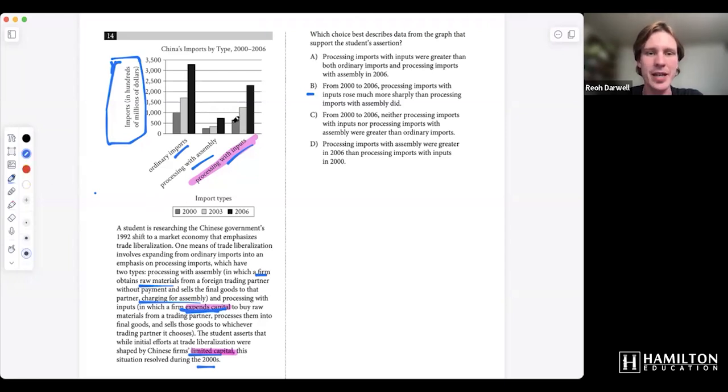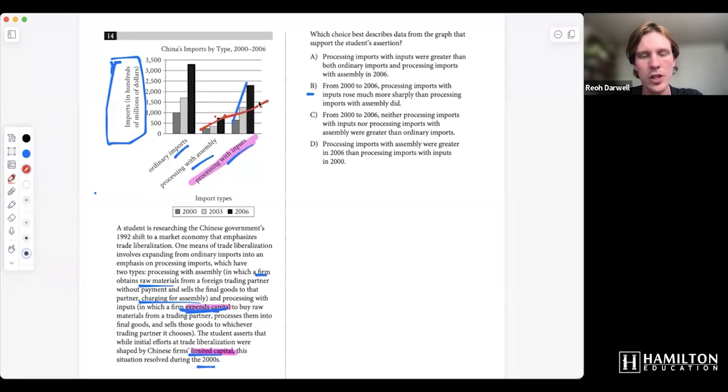Well, probably the fact that processing with inputs has a really sharp curve in terms of its growth compared to processing with assembly, which has a curve that looks more like this, okay?